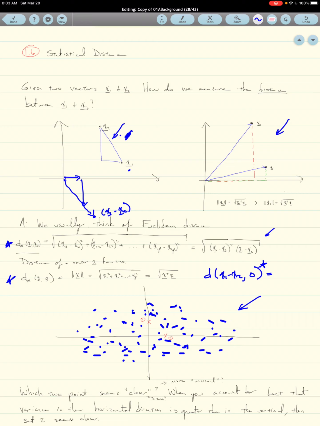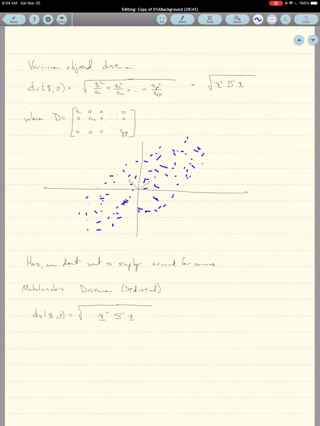Now, notice this cloud of points, although it's not circular, its ellipses are aligned in terms of the axes. So for this picture, it might make sense to do a variance adjusted distance. We're going to ignore everything below this squiggly line for the time being.